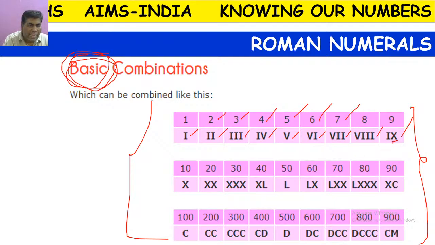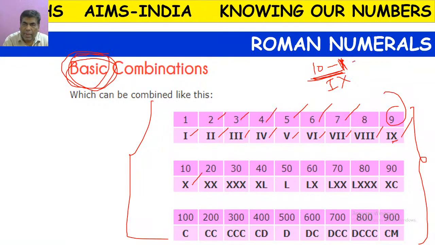X stands for 10. What is 9 here? 10 minus 1. As we are doing subtraction, this one symbol I is to be written here, and this 10 symbol X is to be written here.